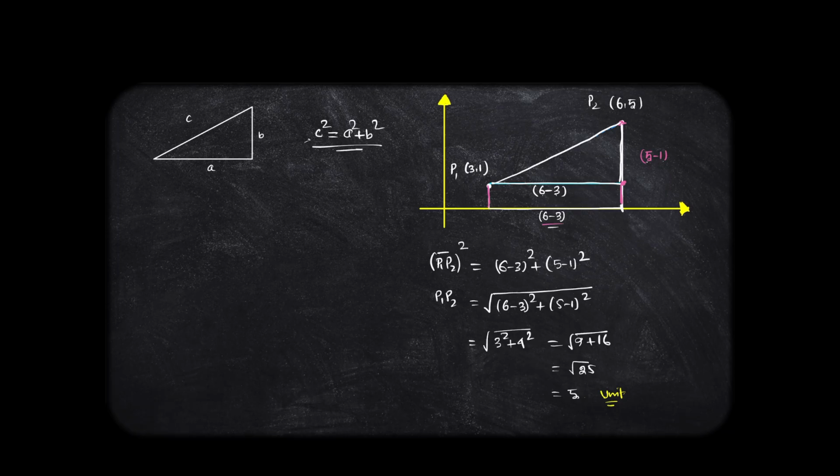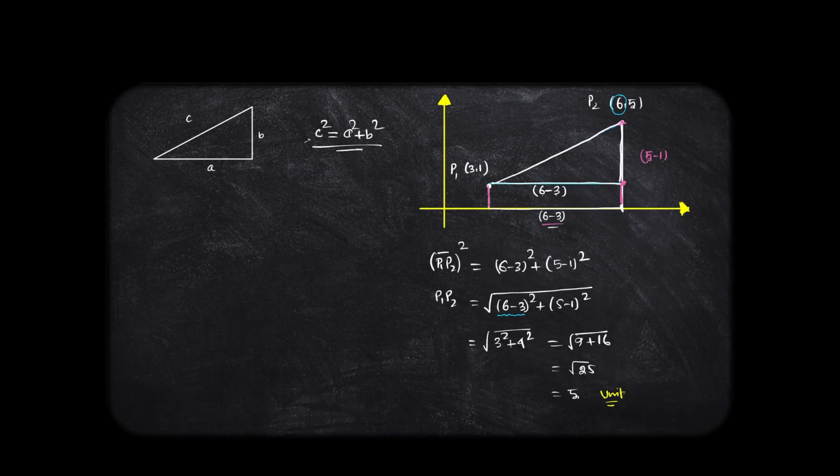Now my question is, if the points P1, P2 are not in numbers, if they are in variables, then how can we find the distance in general? So for that we have to figure out the pattern. What is the pattern here? Pattern is very simple. You see there is 6 minus 3 whole square, right? What is 6? If you observe properly, you can see it is the x coordinate of P2.